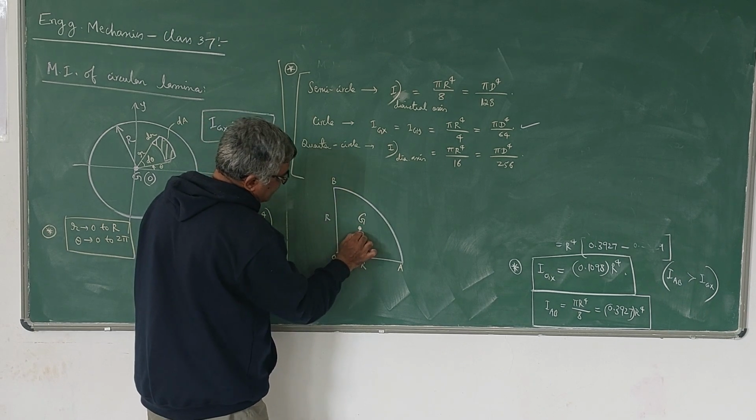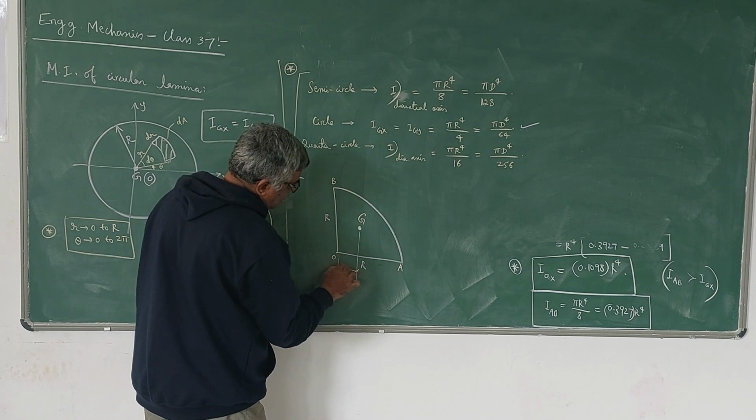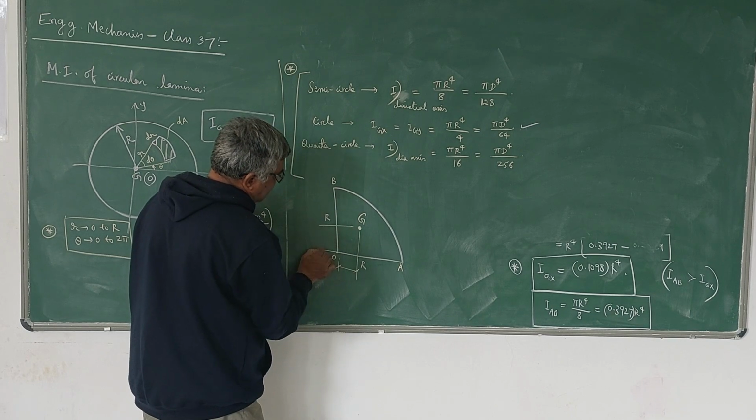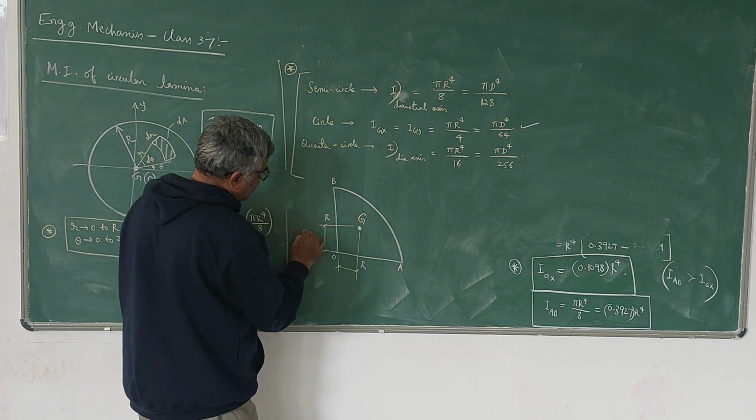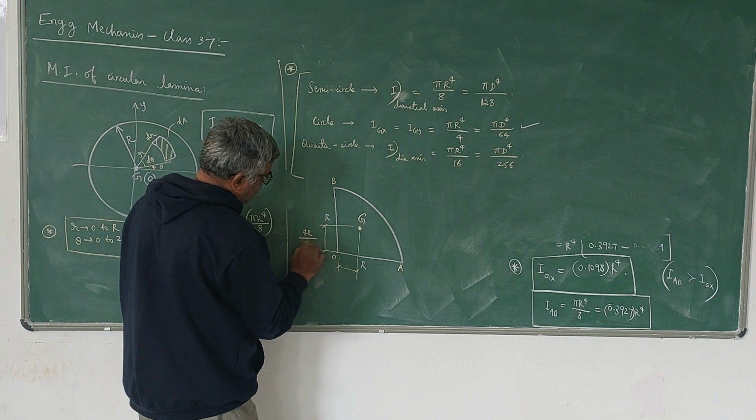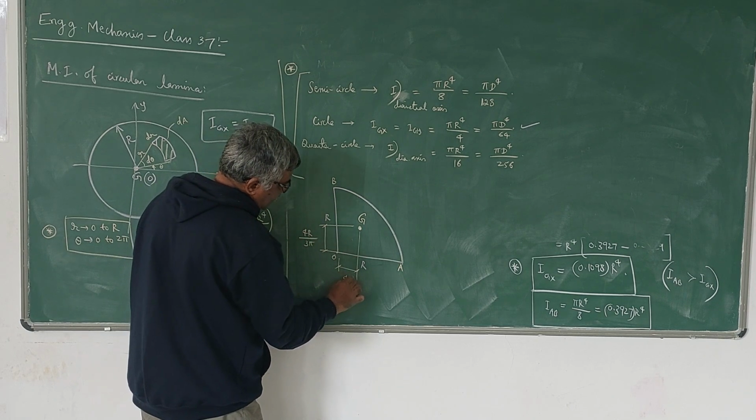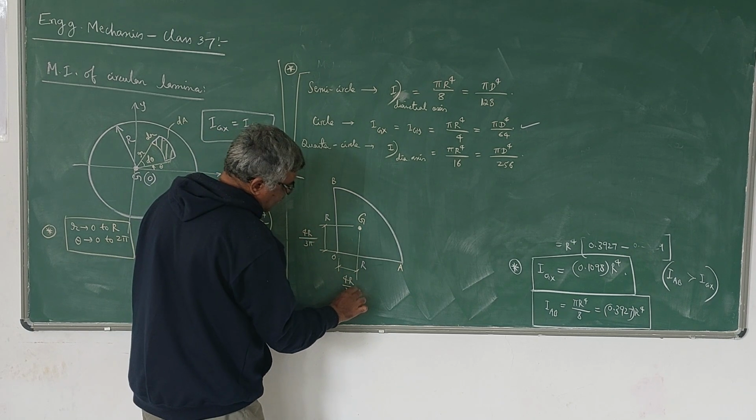The horizontal distance of the centroid from the origin as well as the vertical distance is 4r by 3 pi only. All this I have explained in the centroid.